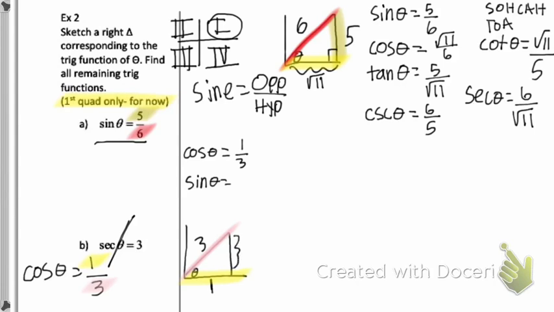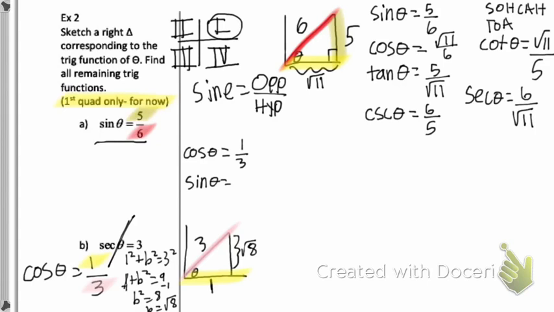For the Pythagorean theorem, to find that side, we do 1 squared plus b squared equals 3 squared. So 1 plus b squared equals 9. So you subtract 1 from both sides. So b squared equals 8. So b equals square root of 8. So this side equals square root of 8.